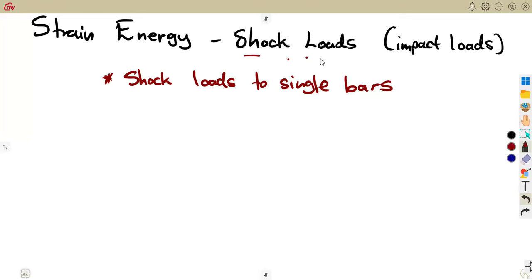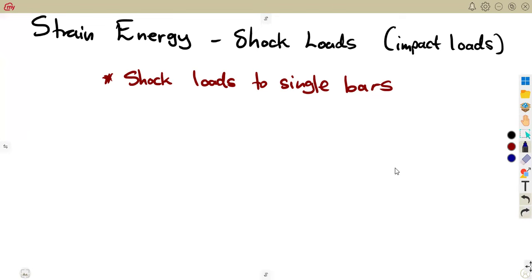These shock loads can also be referred to as impact loads. From the word itself, impact, meaning this time the object, when it is being taken from one point to another, there is going to be an impact.